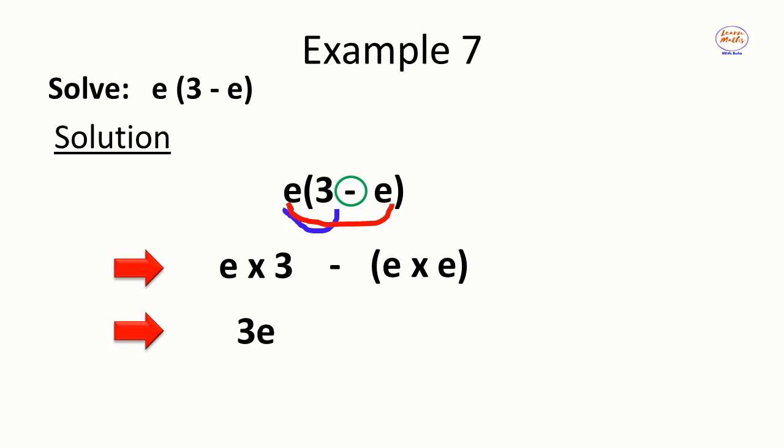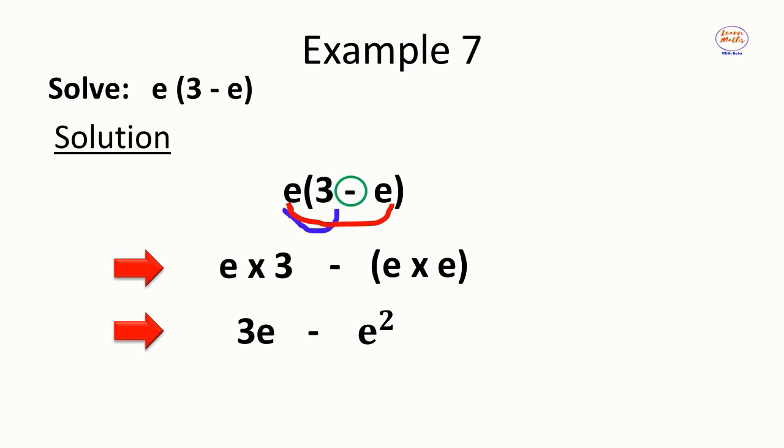So we are multiplying 3 times e to get 3e minus, now when you have e times e, 2e, no, it is not 2e, it is going to be e raised to power 2. So this time we have e raised to power 2. Please keep that in mind.